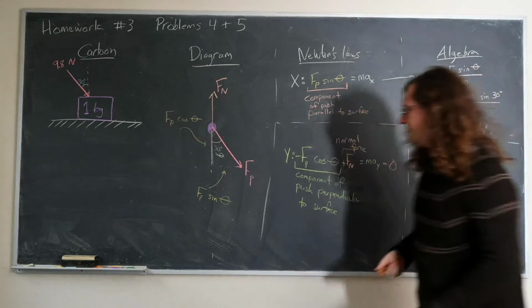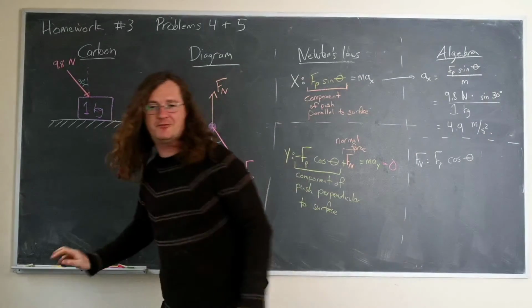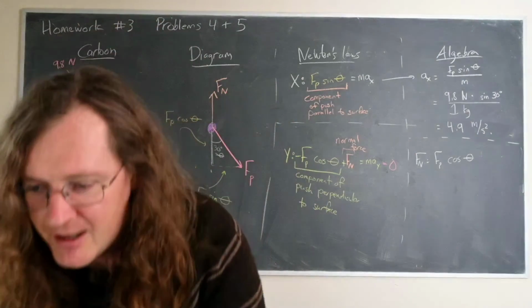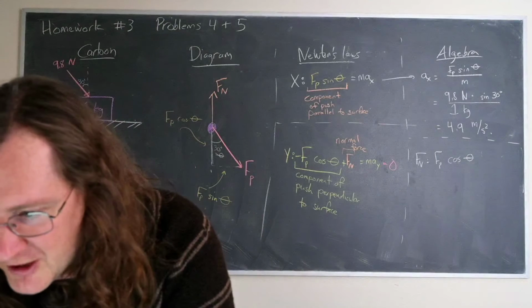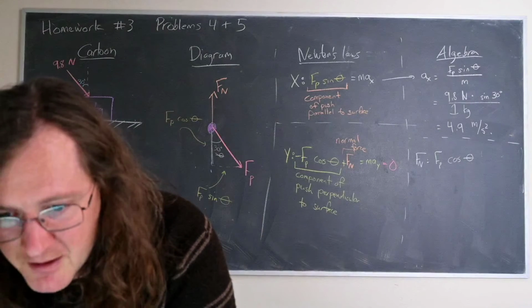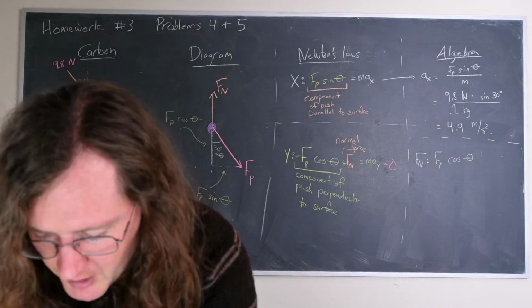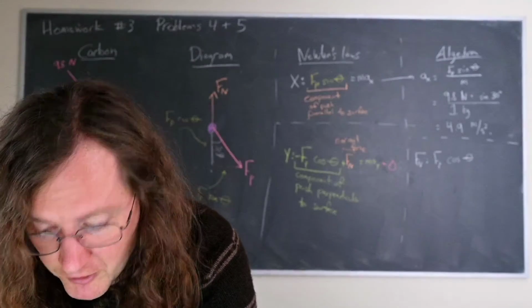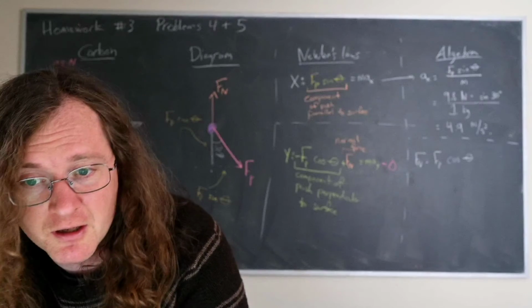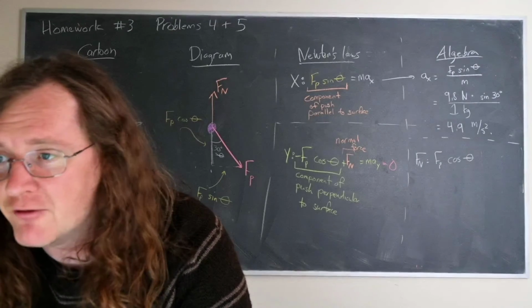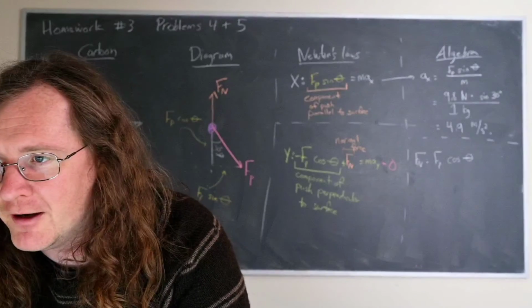So I don't know off the top of my head what the cosine of 30 times 9.8 is, so I'm going to have to ask the Google machine. Give me just 1 minute. So 9.8 times the cosine of 30 degrees is 8.49, whatever.